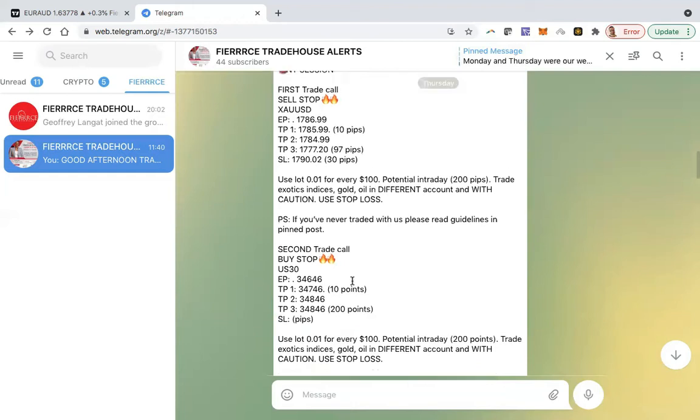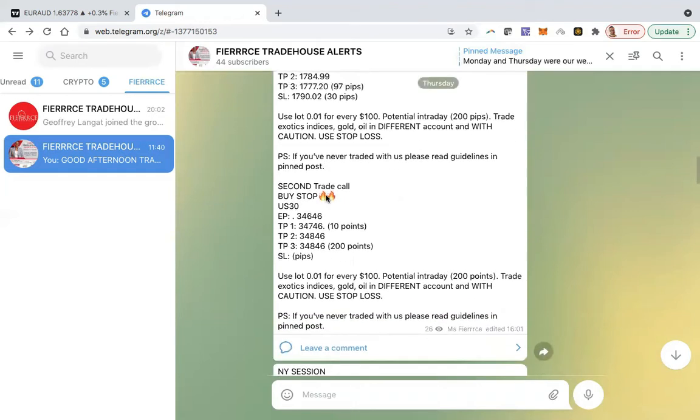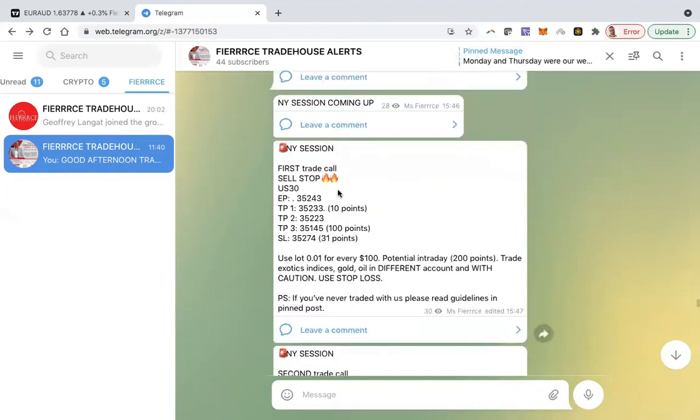So first of all, let's look at this trade that I called on Thursday. We have US 30.